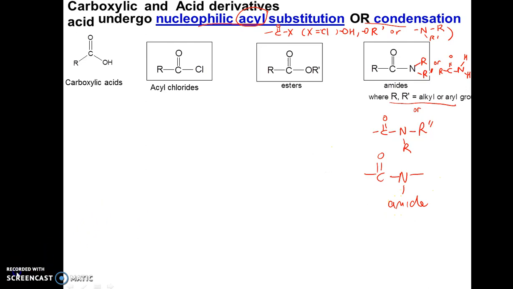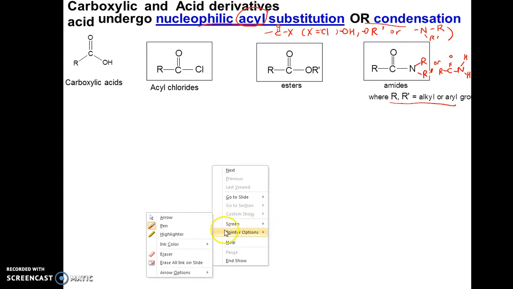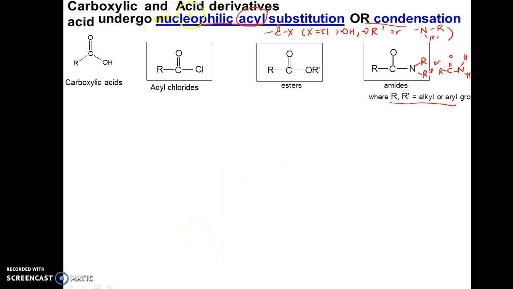So the question is, why do they undergo nucleophilic acyl substitution? The fact that they attract nucleophiles tells me that they all have a delta plus carbon, and this delta plus carbon is going to attract nucleophile.